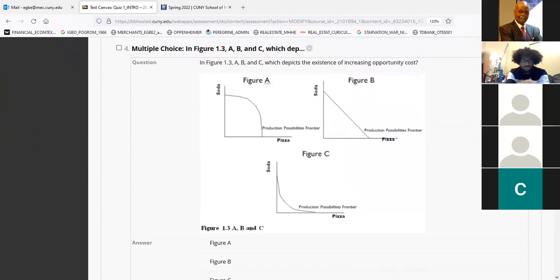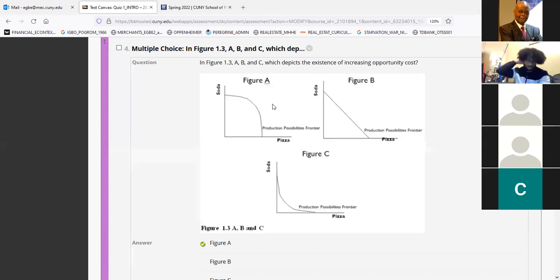You see this production possibility frontier on figure A? Yeah. Now suppose that 5 pizza and 2 soda is on this line, right? Suppose you're on this line and 5 soda and 2 pizza, it's there. That means it's possible. Is that true?